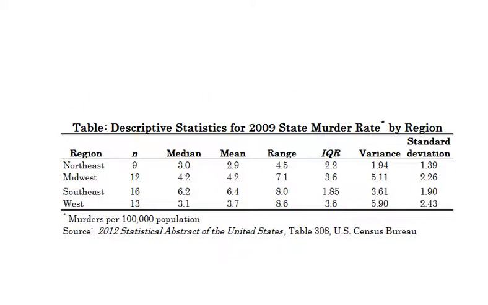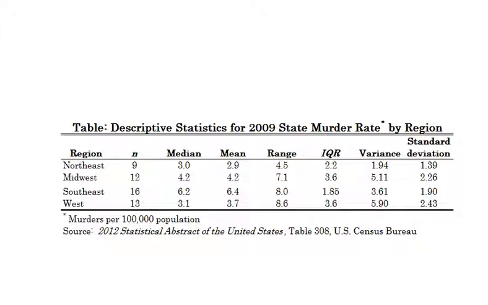Now, in the first table, we report the summary statistics for the southeastern region excluding the District of Columbia. We notice here that while the South still seems to have a higher murder rate than we see when we look at the northeastern region, the variation among southern states is not quite as large as what we saw before.